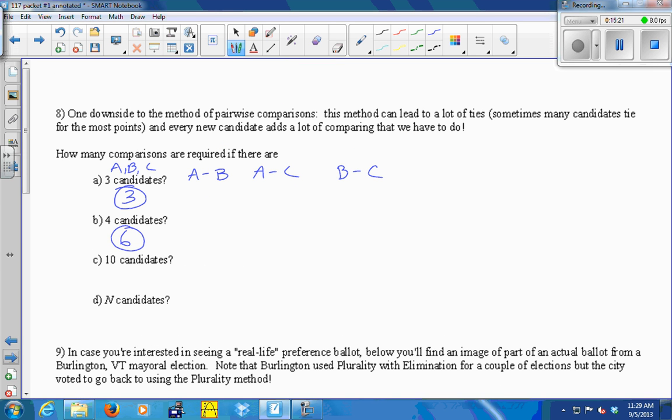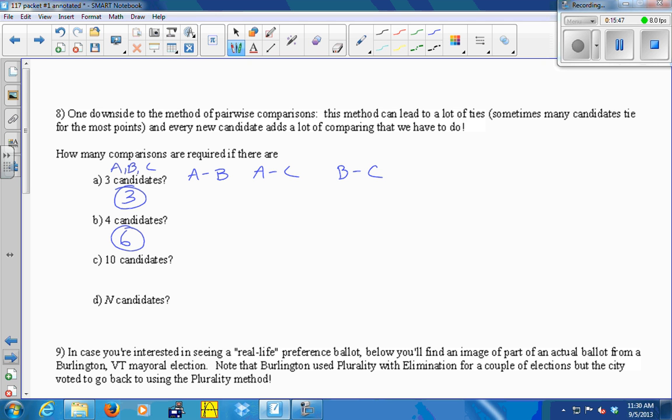How many do you think there would be for 10 candidates? A lot. 9? Sure, yeah. Any guess would be good. 36, good guess. You're warmer.